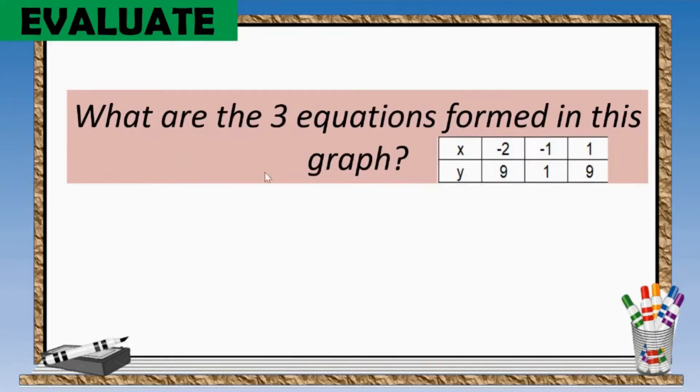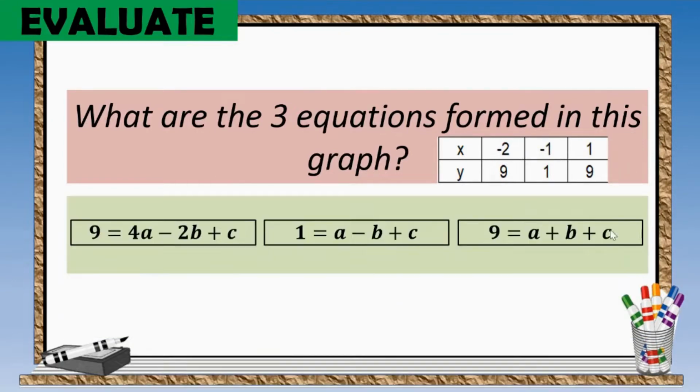Next question. What are the three equations formed in this graph? Okay, so those equations are 9 equals 4a minus 2b plus c. This is equation 1. Equation 2 is 1 equals a minus b plus c.